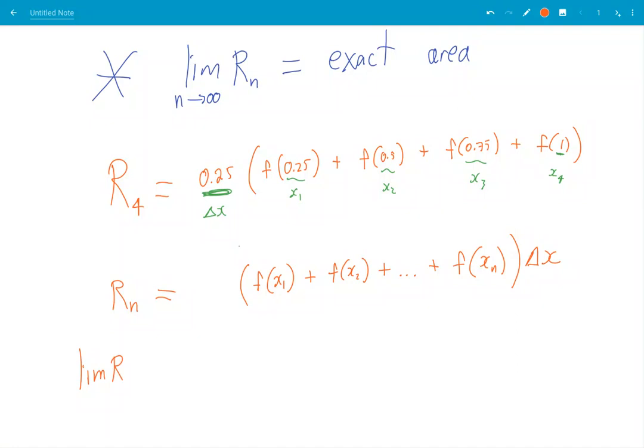So the limit of Rn is the limit as n goes to infinity of this expression, and that's our expression for the limit of Rn.